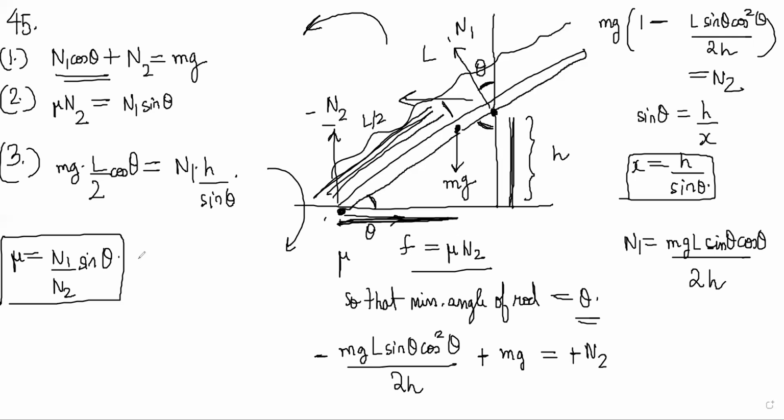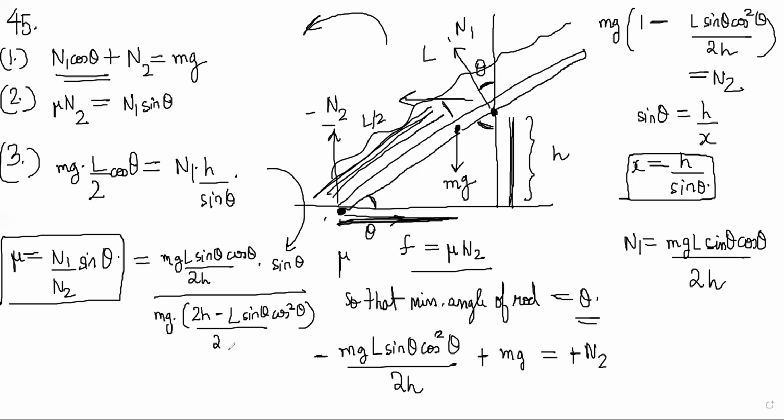Now you have to write N1 by N2 sine theta. So let's write mgL sine theta cos theta by 2h into sine theta divided by mg, and simplify the fraction, 2h minus L sine theta cos square theta by 2h. 2h cancels, mg cancels, so mu is coming out to be L sine square theta cos theta by 2h minus L sine theta cos square theta.